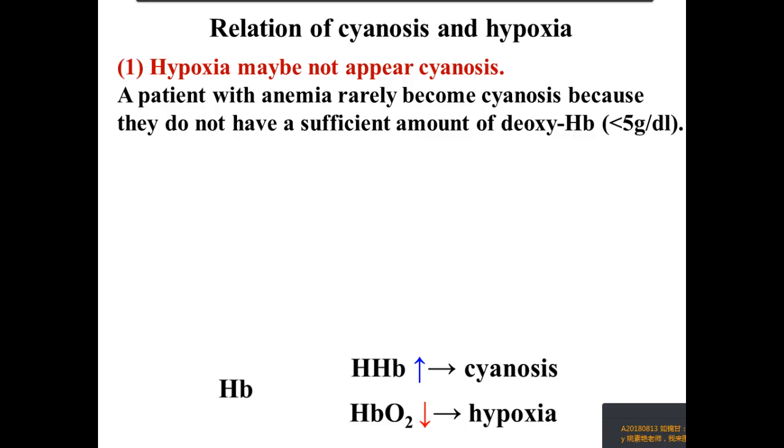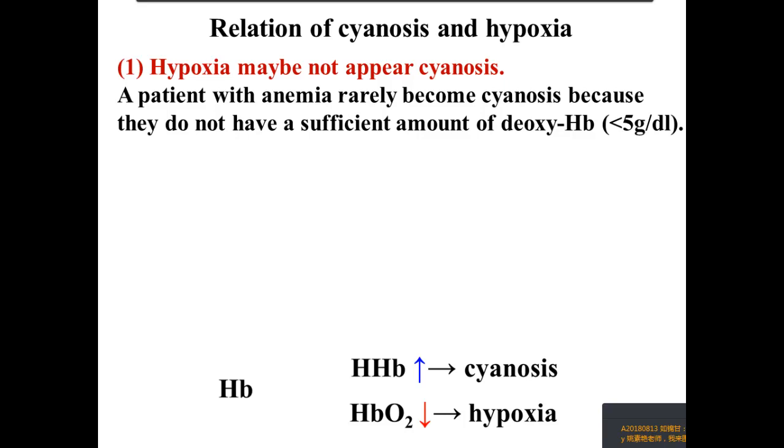So during anemia, because the concentration of hemoglobin decreases, oxyhemoglobin decreases and there is hypoxia, but deoxyhemoglobin may be normal or decreased, so there is no cyanosis. The anemia patient has hypoxia but no cyanosis.